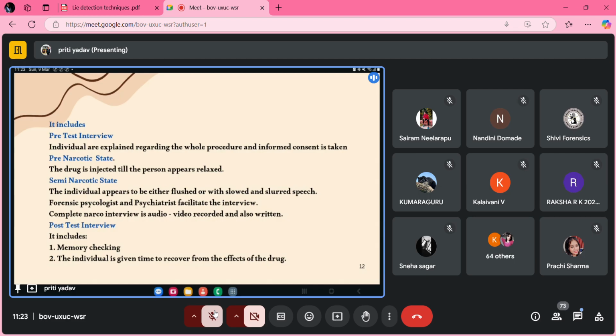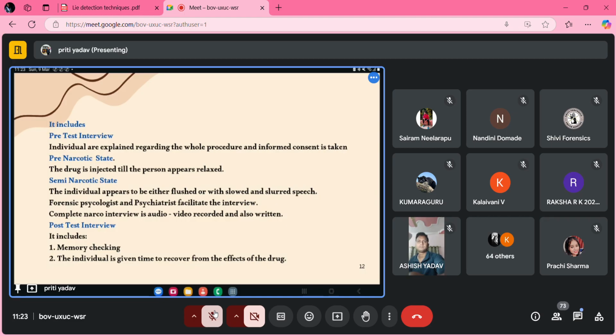And in the first phase, consent is taken. As I mentioned, in Selvi versus State of Karnataka, the Supreme Court already gave the judgment. Taking consent is a must. So here, consent is essential for being a part of narcoanalysis.